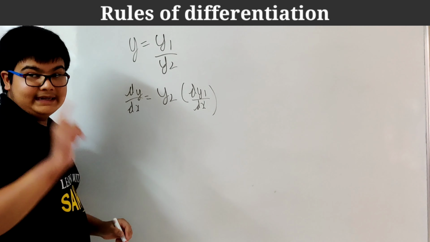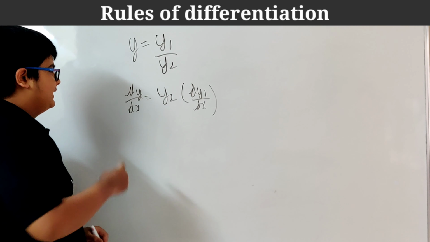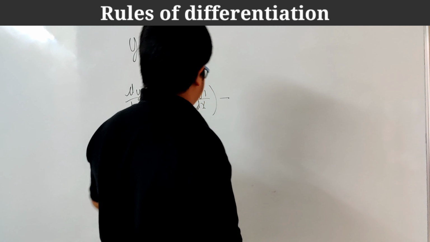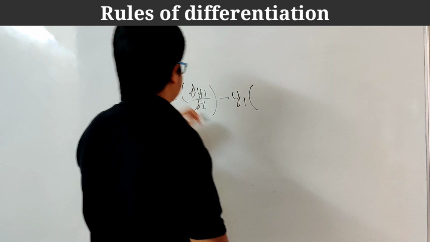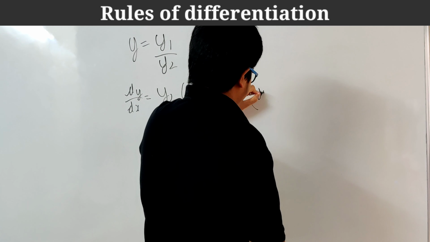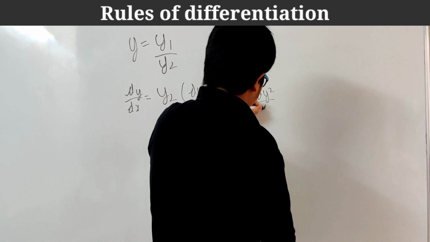And now in multiplication we put a plus sign, in division we will put a minus sign. And take the first function, differentiate the second function, dy2 upon dx.